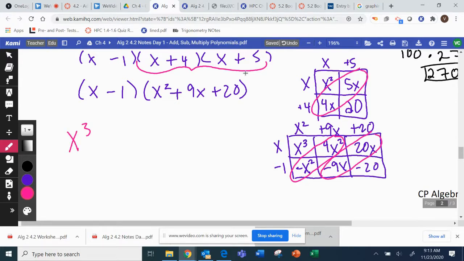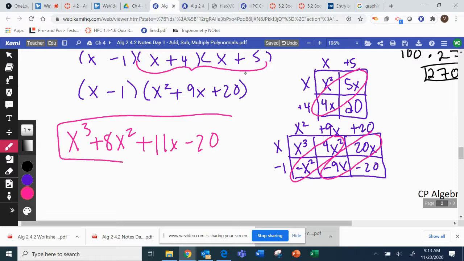X cubed plus 8x squared plus 11x minus 20. Question? Did I make a mistake?